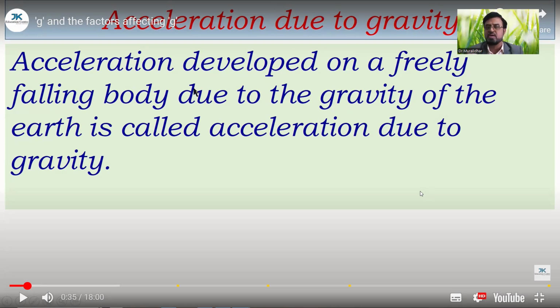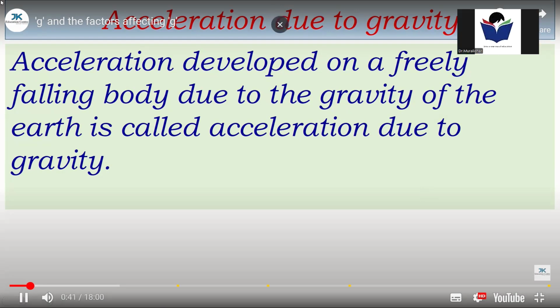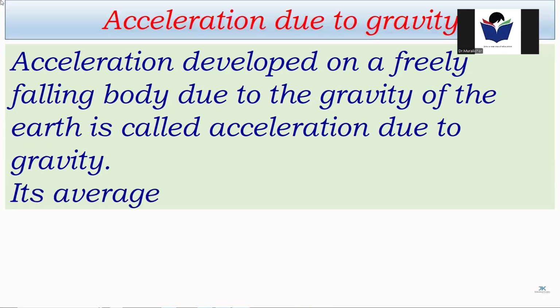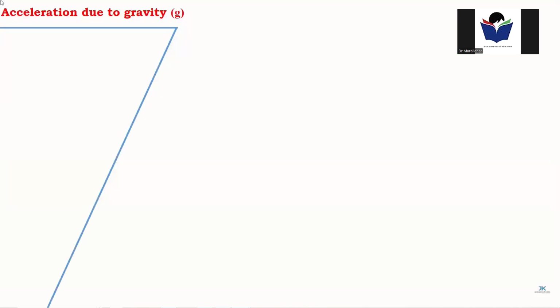Because of the gravitational pull. Acceleration due to gravity is possible only in vacuum. In air, the motion of the body will be obstructed by the air. Its average value is 9.8 meter per second square. We can understand this clearly like this: if a body is dropped from a certain height, it will certainly fall in a straight line.